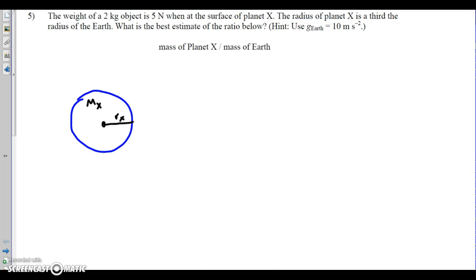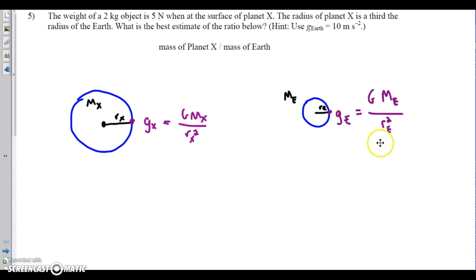So let's briefly recap. We have a planet X with some mass and some radius. We also have a planet Earth, which is a little smaller, lower mass, and a smaller radius. We're essentially comparing the field strength at the surface of X, Gx, to the field strength G at the surface here of Earth, E. So we write down the equation for Gx, and we write down the equation for G-Earth.